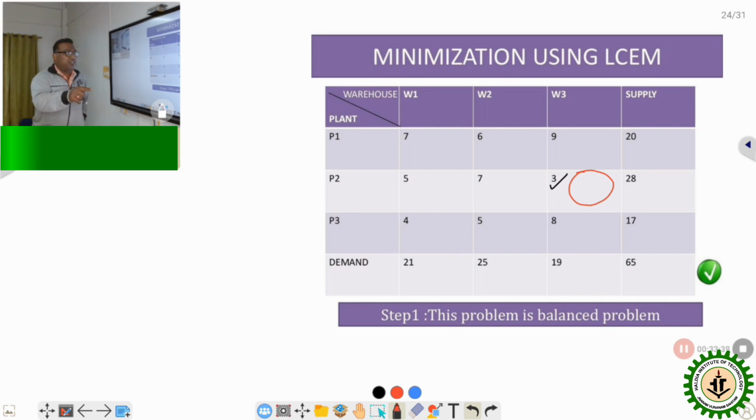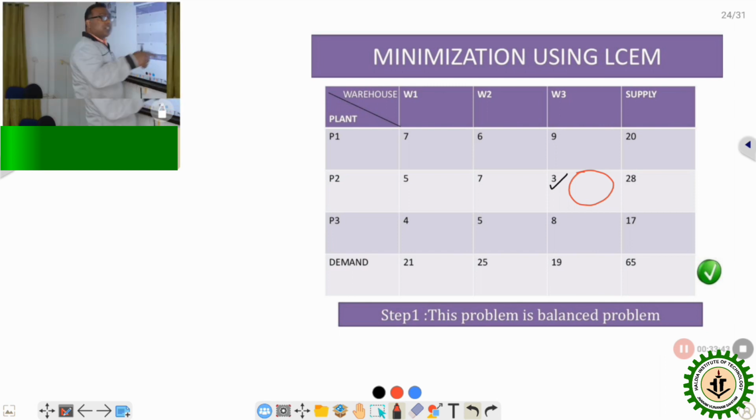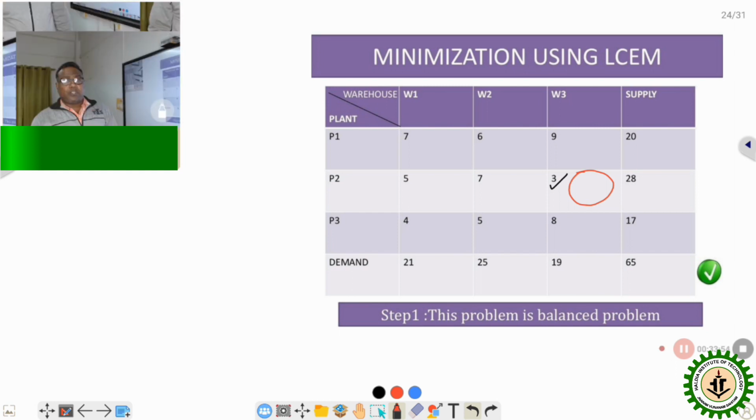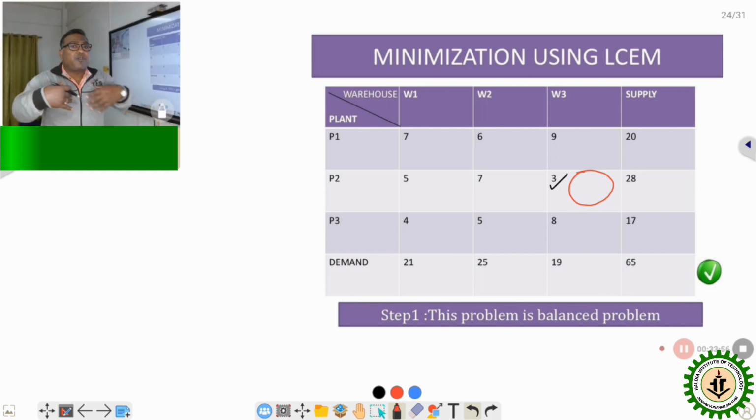This is our first step, to transport at that cell, because the transportation cost is minimum on that cell. It means to transport 1 unit from P2 to W3, the transportation cost is rupees 3 per unit. So at the minimum cost, if we transport the maximum amount, that will minimize the overall transportation cost.